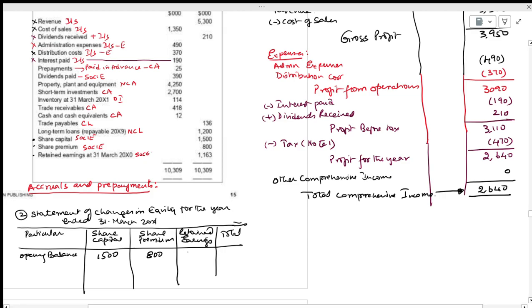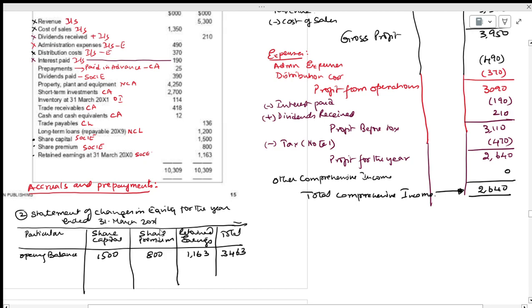Retained earnings? 1,163. 1,500 plus 800 plus 1,163 comes to 3,463. Hussein, it is your responsibility to check totals. Any mistake, you have to point out every time. This is an additional responsibility for you, and it will change from one chapter to another. I will tell you in the beginning.